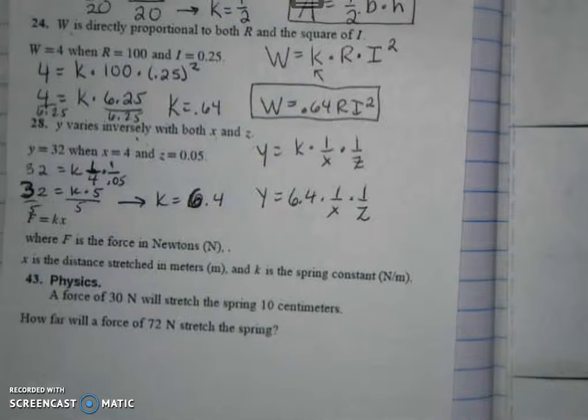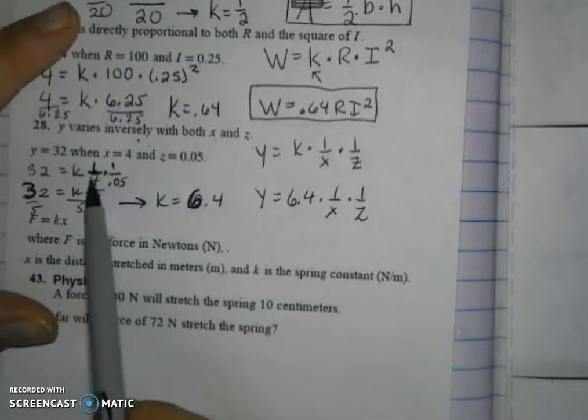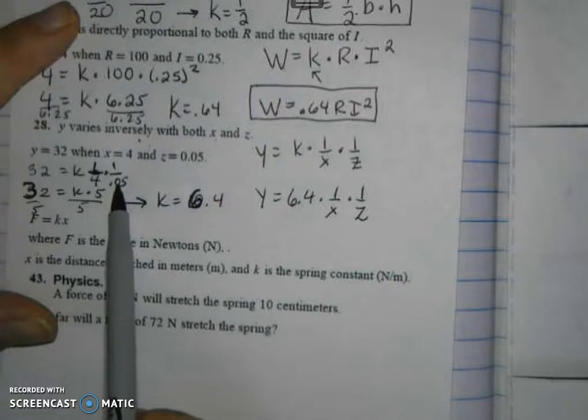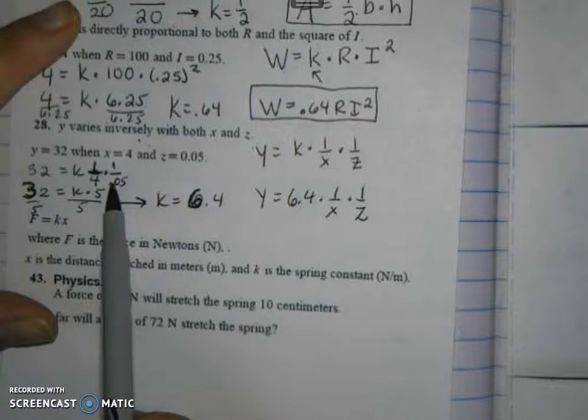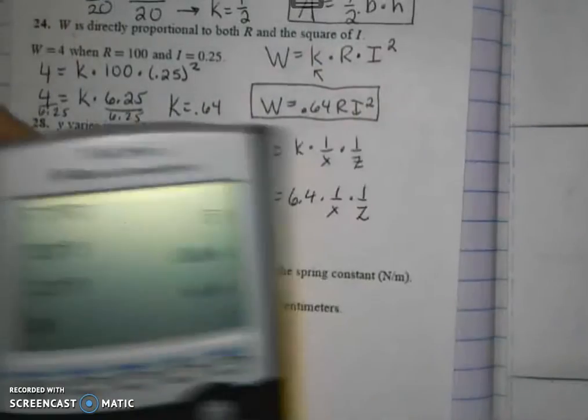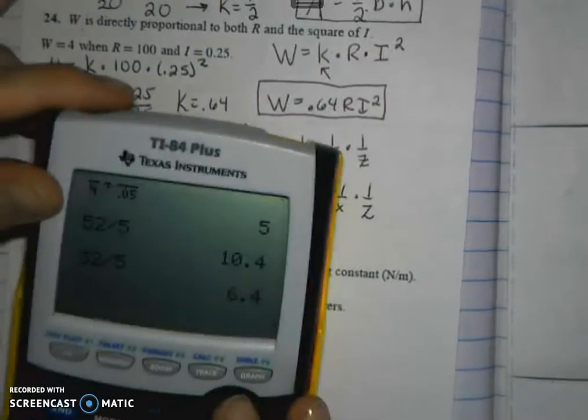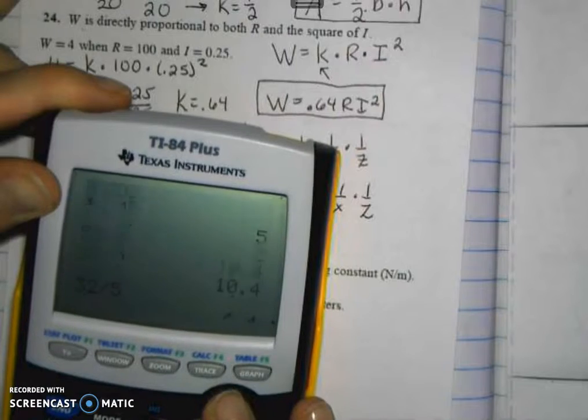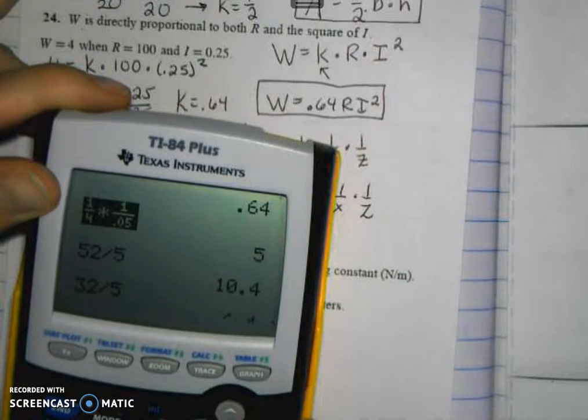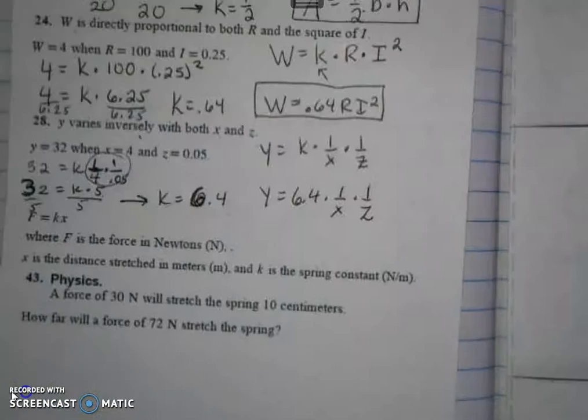When I multiplied these two fractions together, I got 5. Here, let me see if I can show you. Sorry about that. You probably can tell I've been doing this while I've been taking 4th hour.